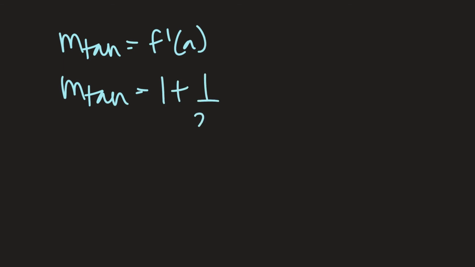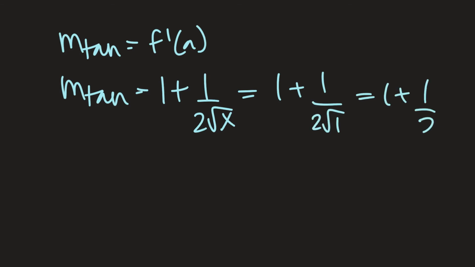So remember, m tan is equal to f prime at a. So I have 1 plus 1 over 2 square root of x, and I want to evaluate that at 1, which gives me 1 plus 1/2, which means that m tan is 3 over 2.